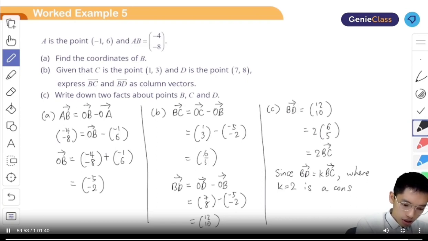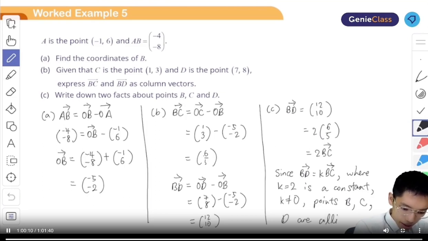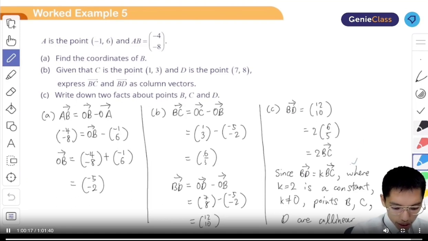So if K is a constant, and K is non-zero, take note, K is non-zero. In this case, I have points B, C, and D collinear. But my common point is going to be B. You have to take note and show that B is a common point.